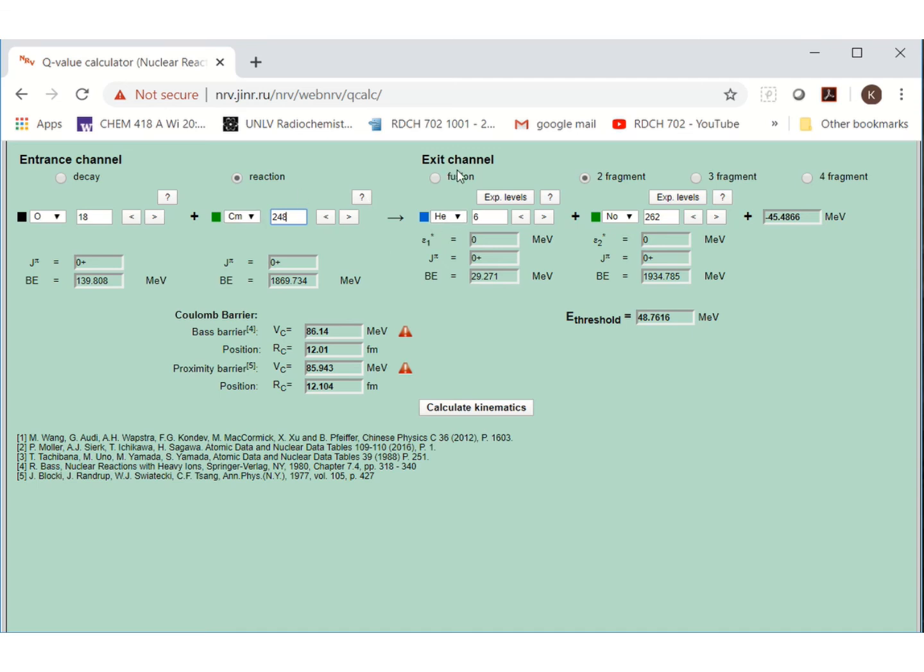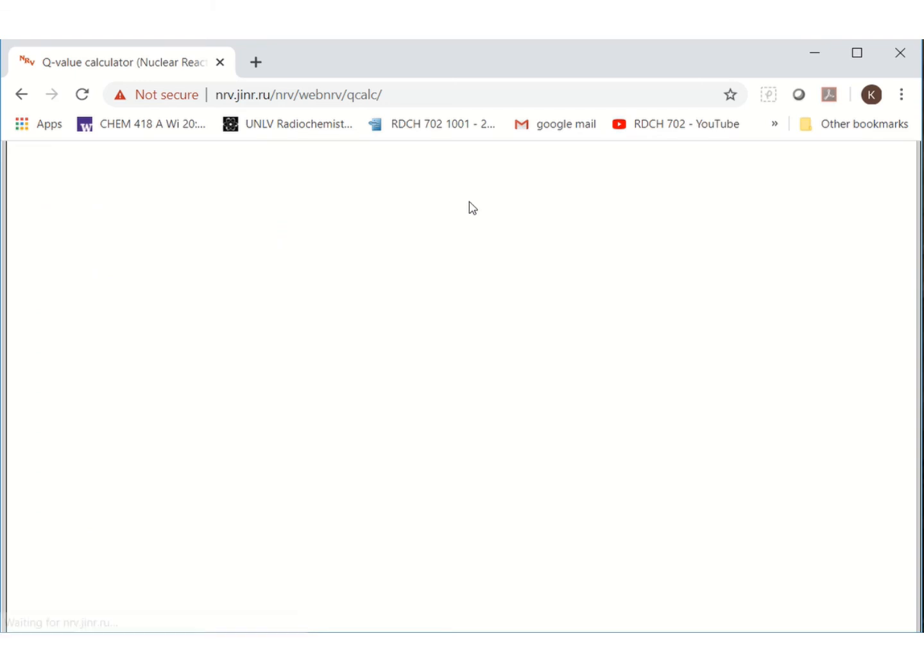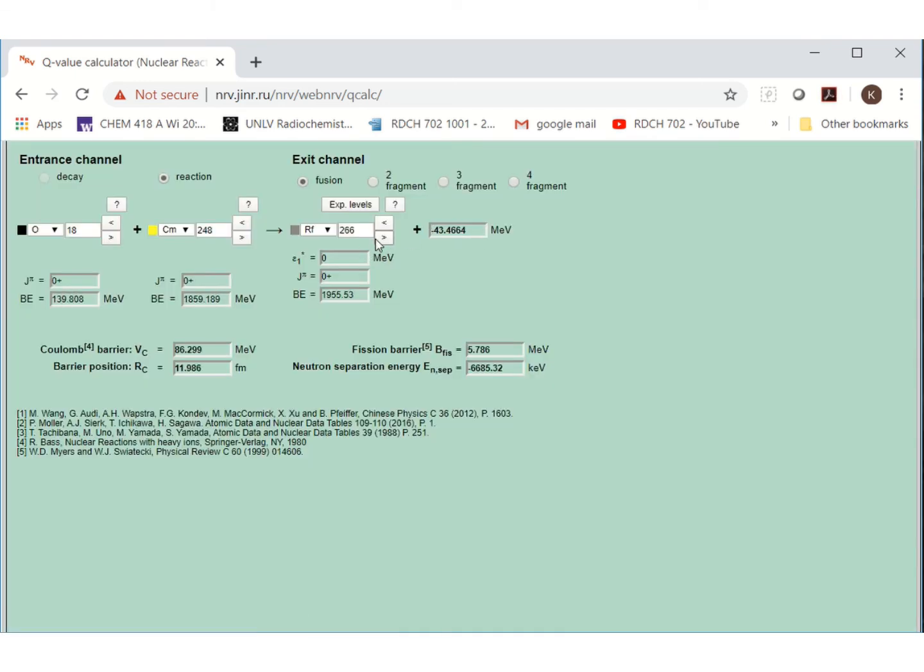Let's do a fusion, so it's only one product, and we would make rutherfordium 266. And that's our Q value.